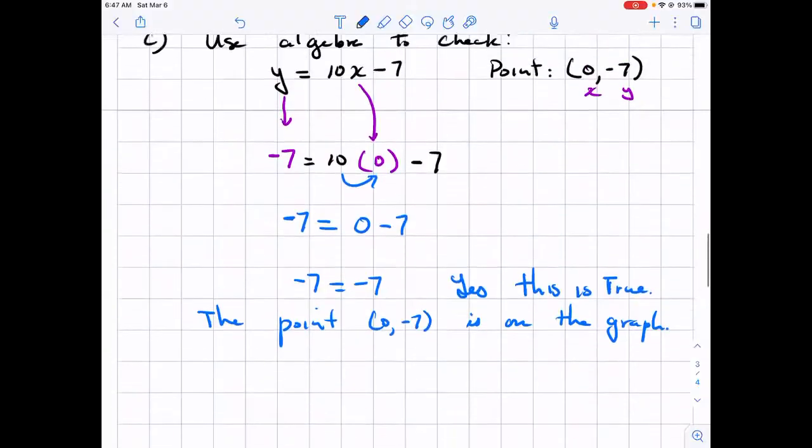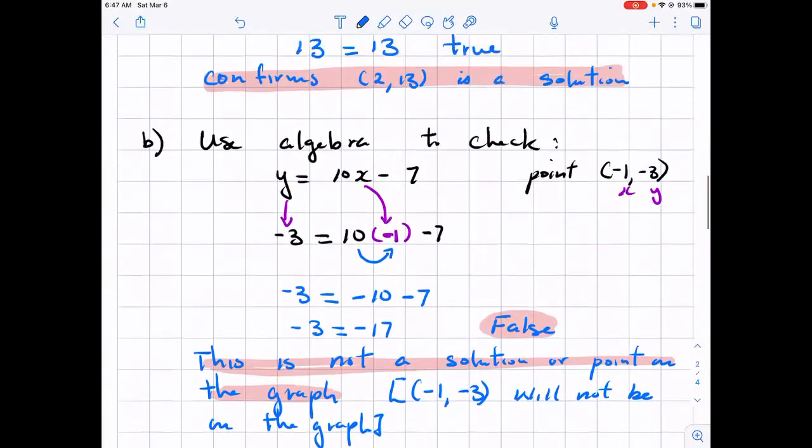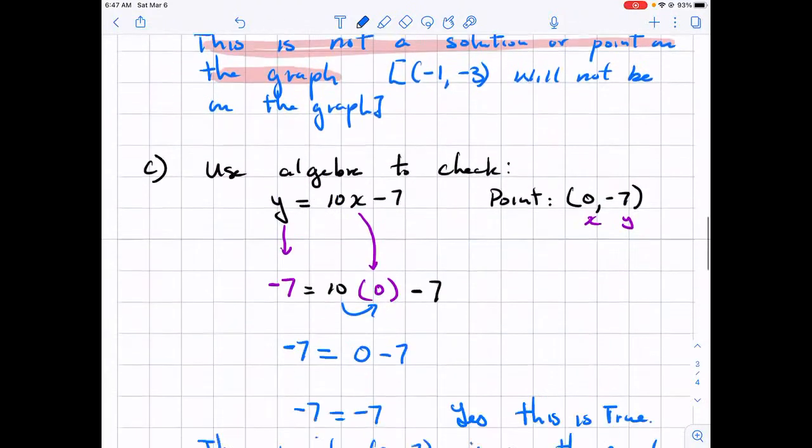So we can use this technique to plot points to create a graph.